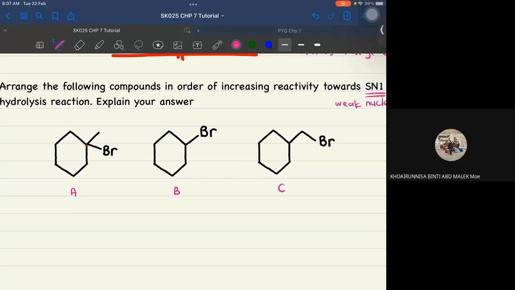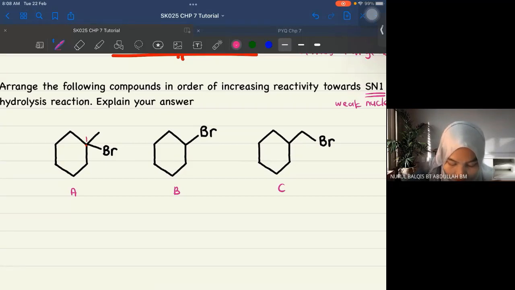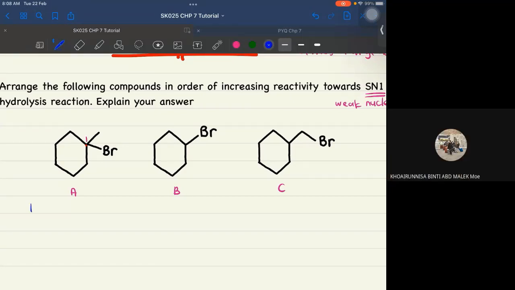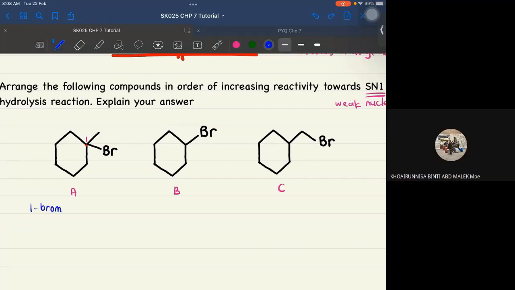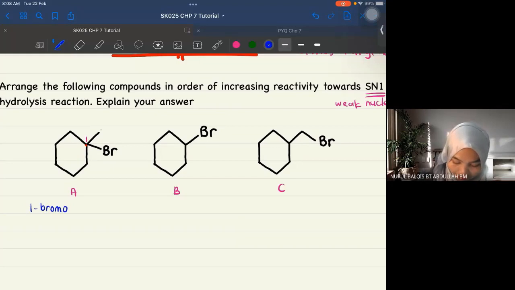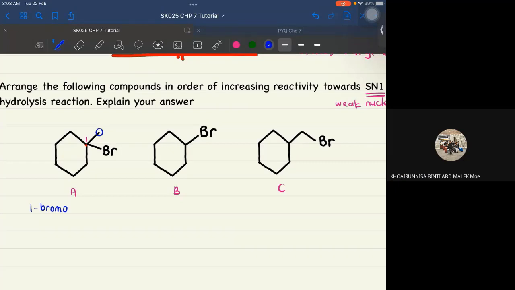What is the name of compound A? 1-bromohexane. Kita ada carbon number 1 here, so nama dia? Oh, 1-bromo, 1-methyl, cyclohexane. Okay, good.